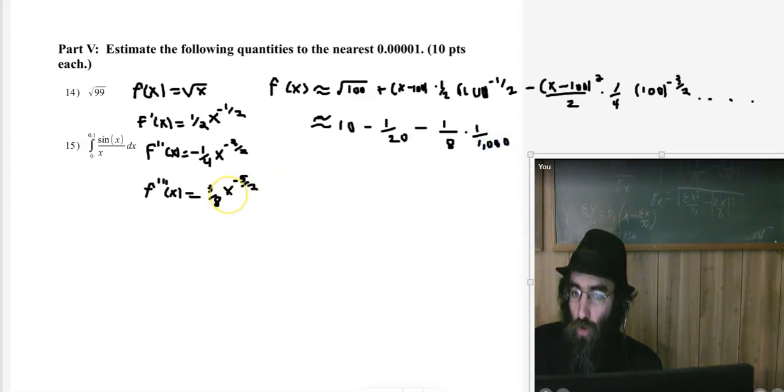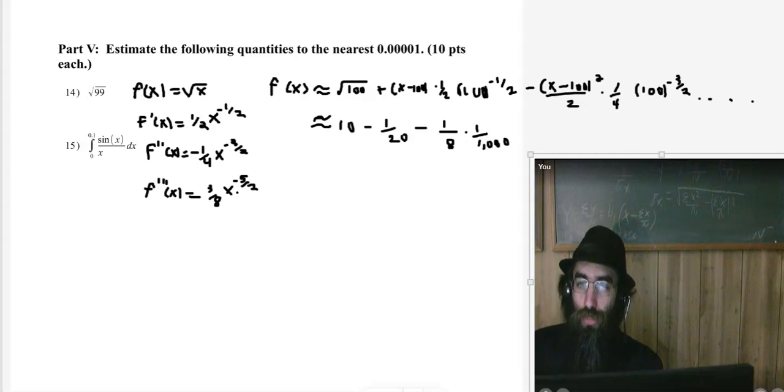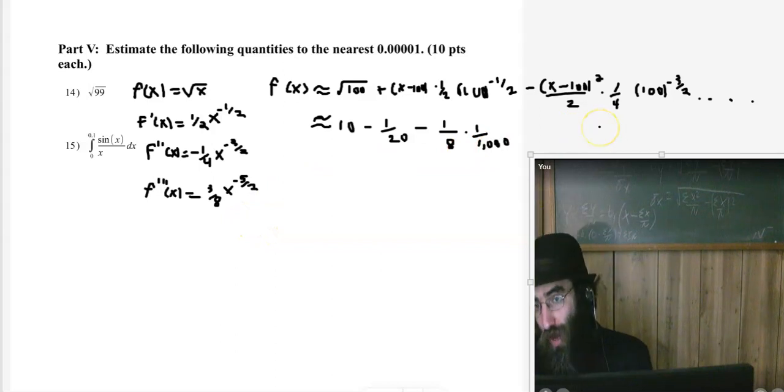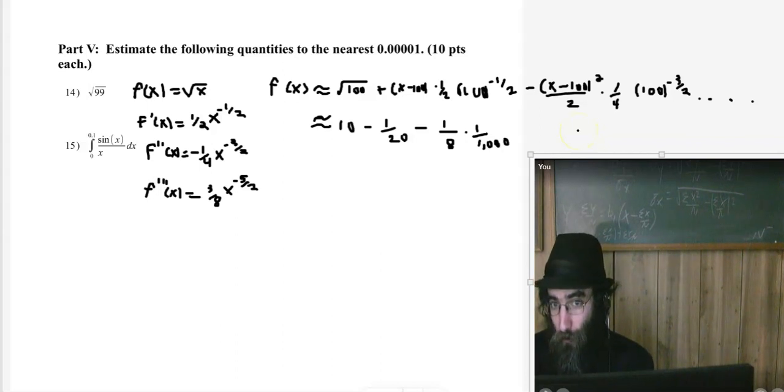The next term would end up being approximately 3 over 8 over 100,000. Oh, divided by 3 factorial, so divided by 6, right? So now you've got this tiny little thing.